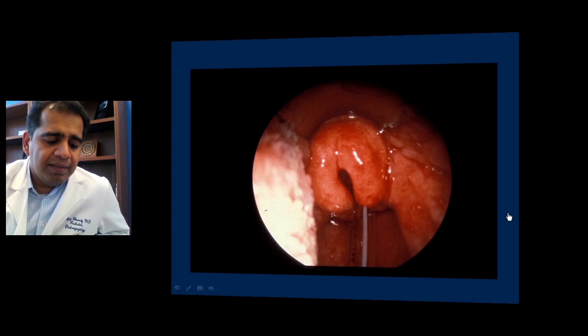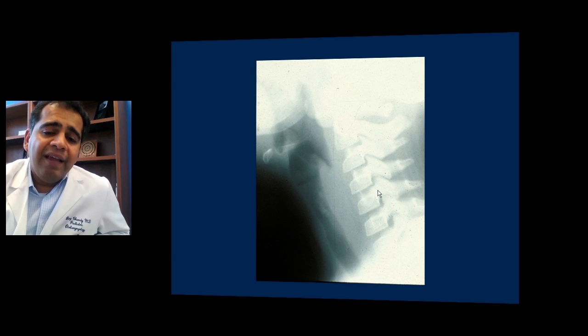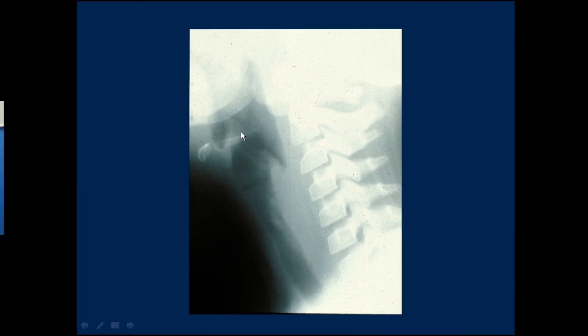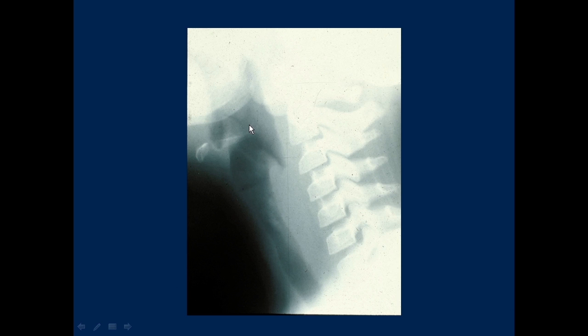And this is a picture showing a typical epiglottitis. You can see how the epiglottis is beefy red and very thick and inflamed, and it can easily progress to severe airway obstruction. If you have time to get an x-ray, you have this classic sign, which is called a thumbprint sign, where the epiglottis is thickened and it looks like a thumbprint.